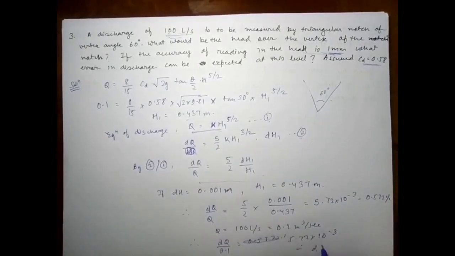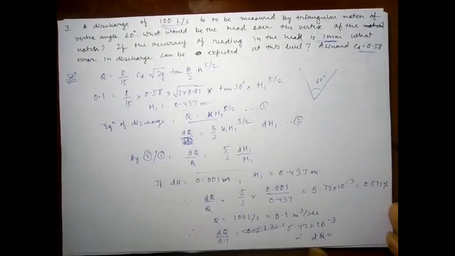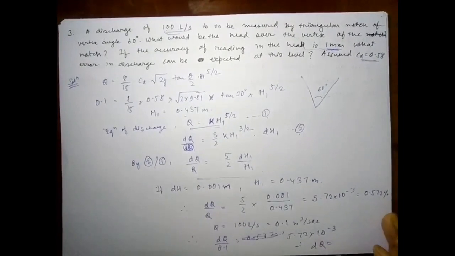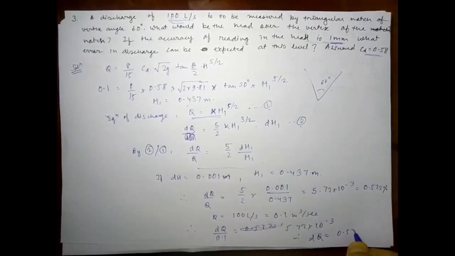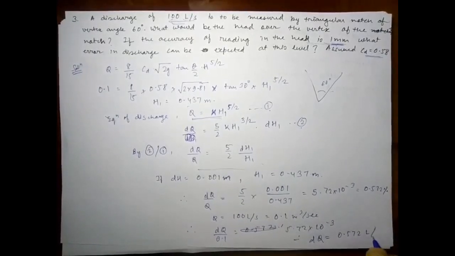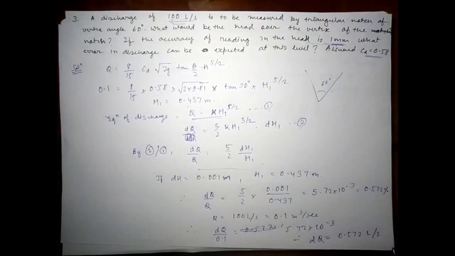Therefore dQ is equal to 0.572 liters per second.